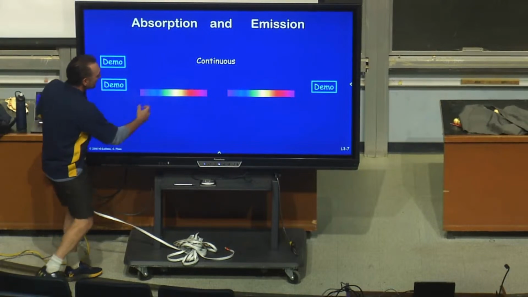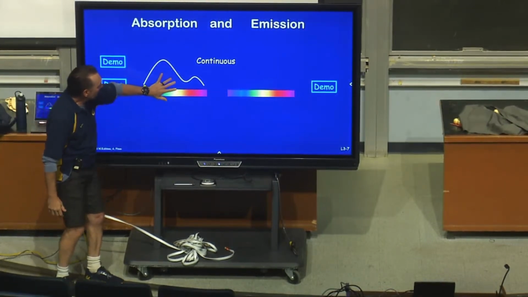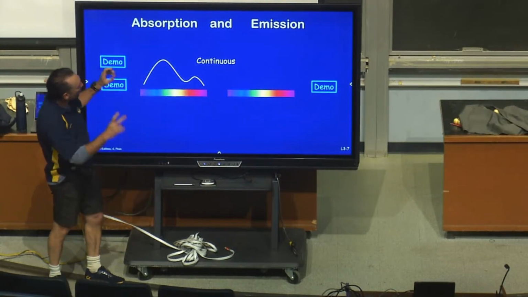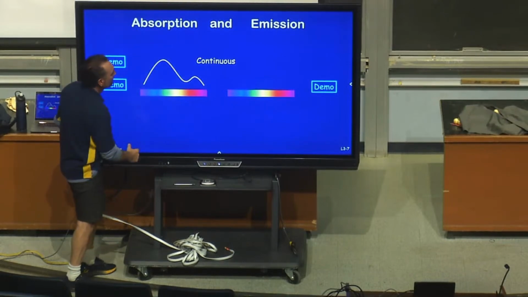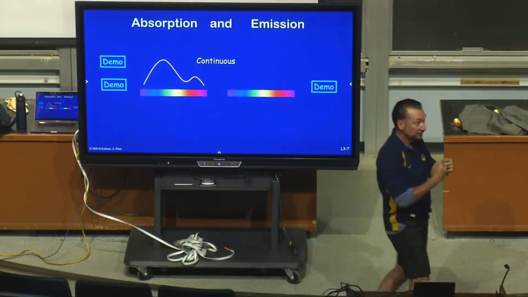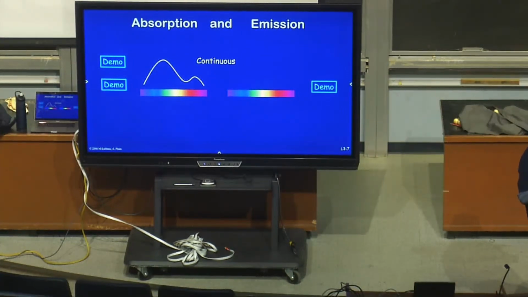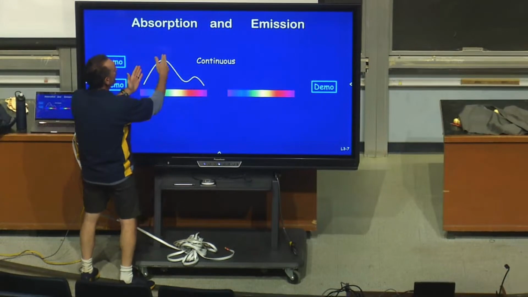So here, let's say we have an emitter, something glowing white hot, so all the colors are coming out. You can have other things that absorb that color, and once they've absorbed it, they can also emit at various frequencies. And that can happen in a couple ways. What I've drawn here is an absorption spectrum.